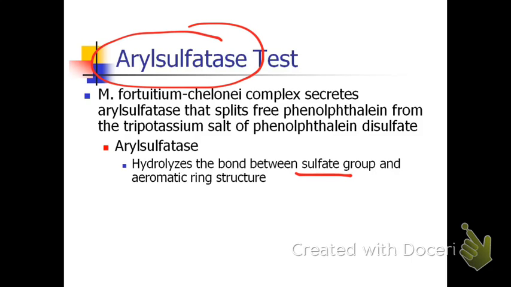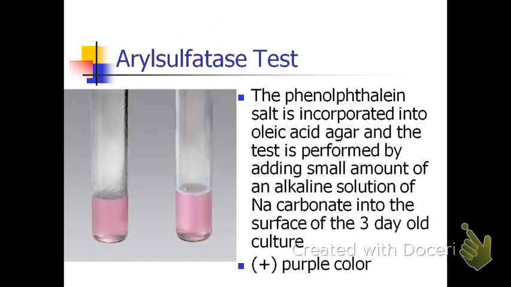This is because this complex of organisms could secrete the enzyme aryl sulfatase. Then aryl sulfatase will split the free phenolphthalein from the tripotassium salt of phenolphthalein disulfate. The phenolphthalein salt is incorporated into oleic acid agar. So this is the name of the medium for the test, the oleic acid agar.